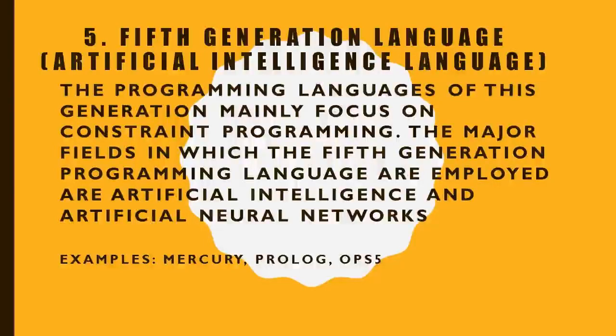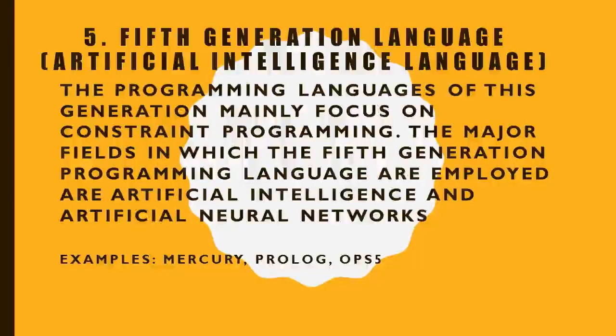Okay, so when we talk about the fifth generation language, it can also be called the artificial intelligence language, because this language generally focuses on the programming field which is more relevant to neural networks or artificial neural networks. Okay, it is like humans and other living beings and computers are interacting together, and in order to make computers understand our language, a computer programming language like this was developed.